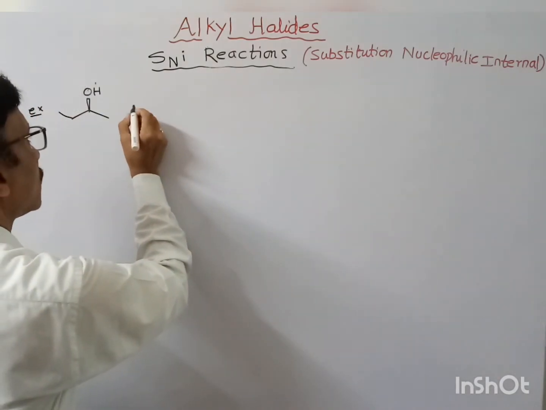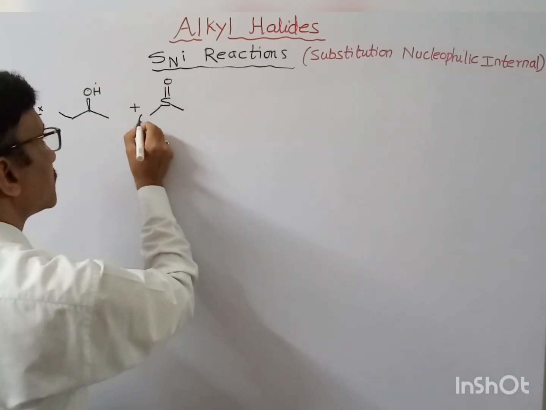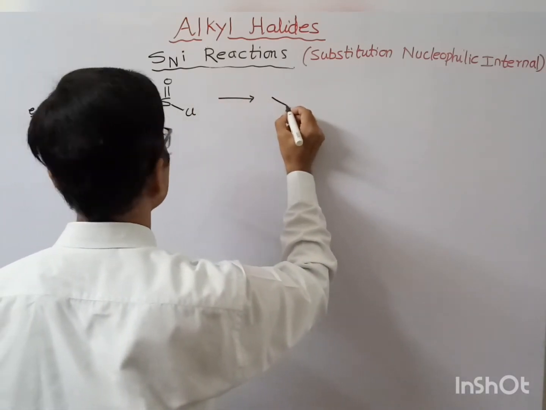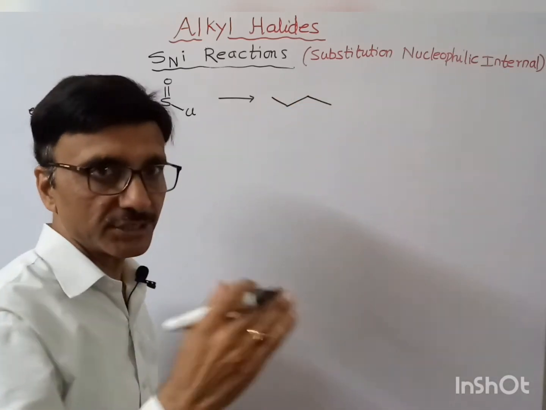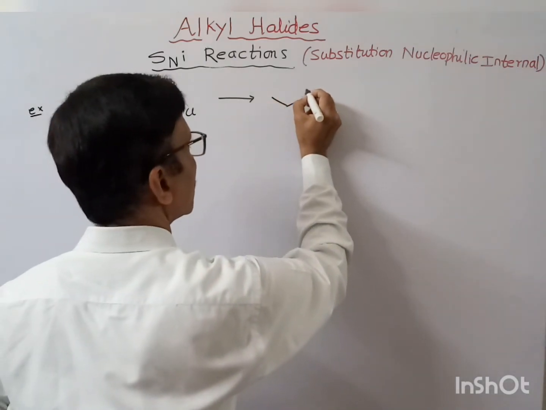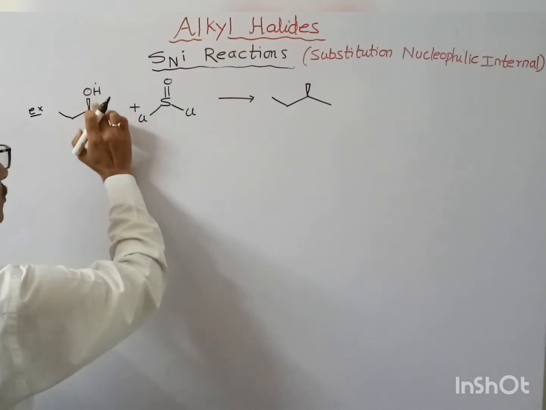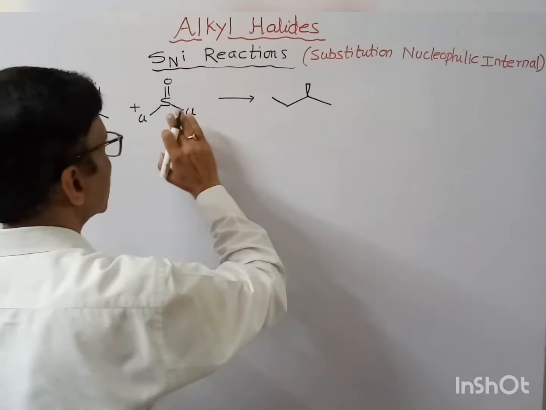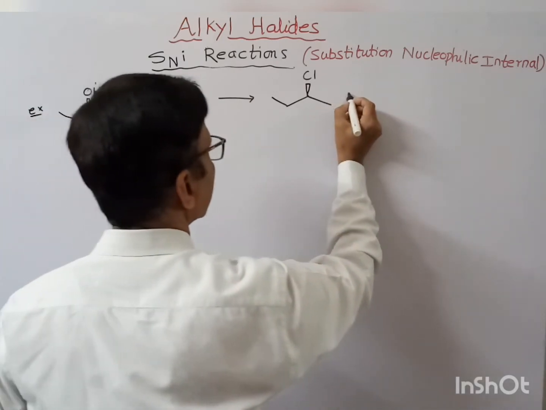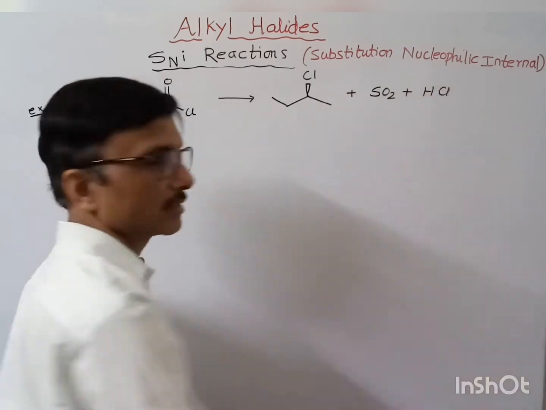Now, in presence of thionyl chloride, it will give the product having the retention of configuration. The OH would be replaced by the chloride. So if retention of configuration, it means the same side, the OH is towards us, so the chlorine will also be towards us, same configuration we can write, and plus what is formed here, SO2 plus HCl would be formed. So this is the reaction.